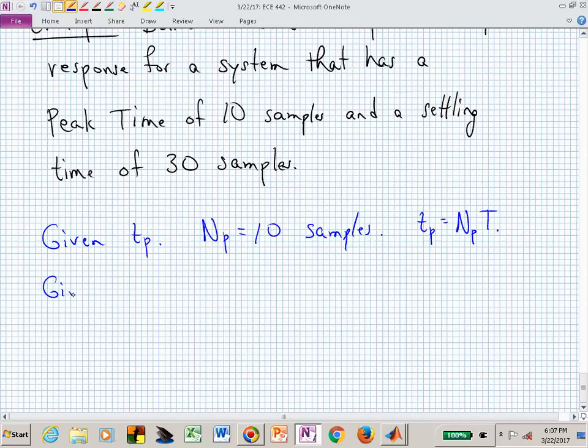We were also given the settling time in the form of the number of samples, where here the number of samples was 30. And again, if we wanted to put that into an actual value, we would then multiply n sub s, that 30, times the value of our sample period.